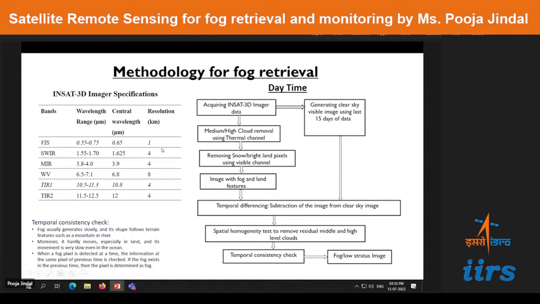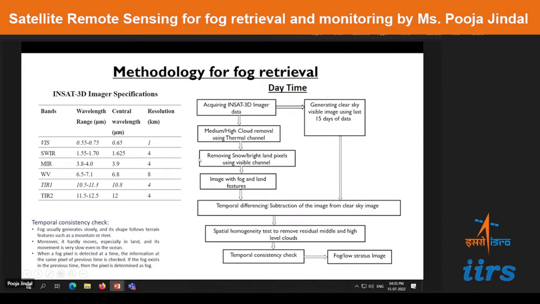So we will take our thermal image and put a threshold of 270 Kelvin. All the pixels having BT, that is brightness temperature, less than 270 Kelvin shall be removed. That is, all the pixels corresponding to mid and high level clouds shall be removed.